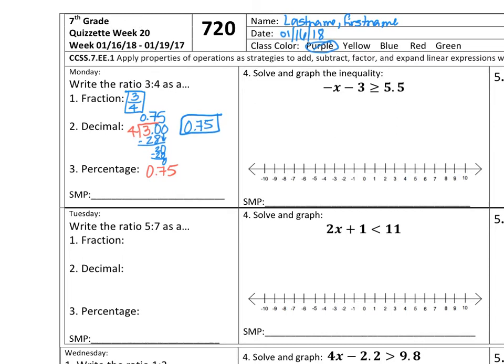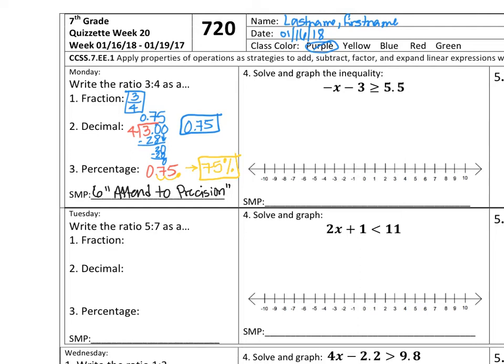What does that get you? 75%. And there's your answer. The SMP you're using here is attend to precision. So that's SMP 6. Go ahead and write attend to precision. That means you're being very neat.